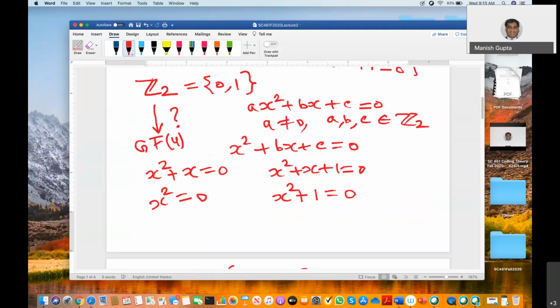So you can see that we are left with only 4 equations.